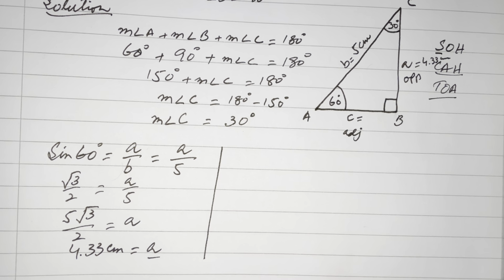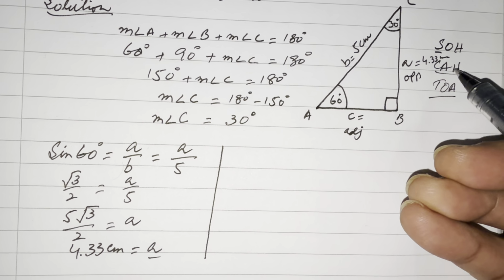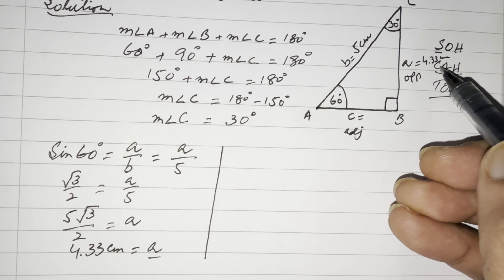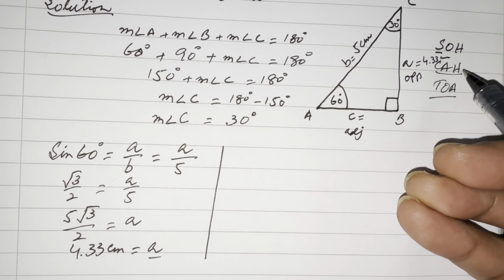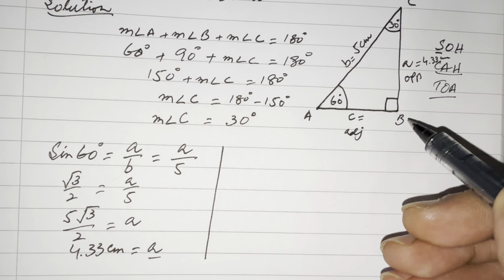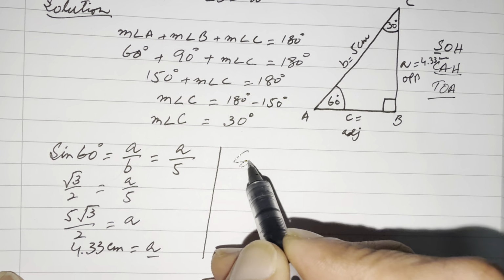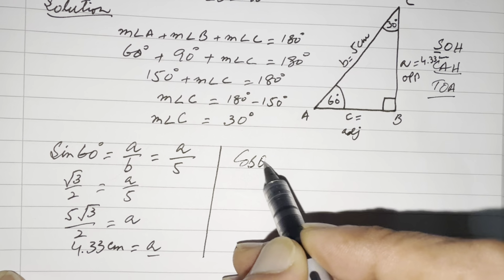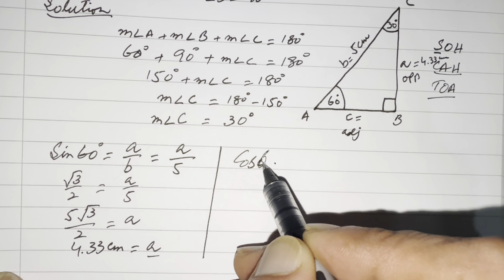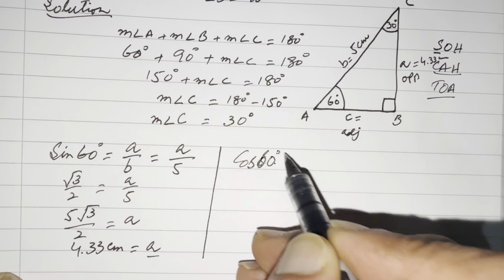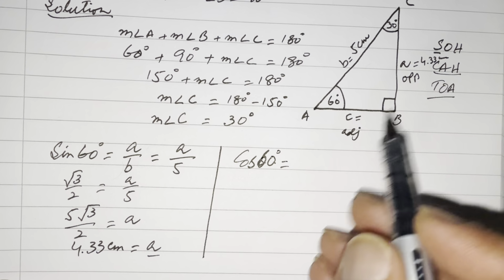So let's say that we take CAH, the word showing us C for cos, A for adjacent, H for hypotenuse. So we say that cos theta, cos 60, will be equal to adjacent over hypotenuse.